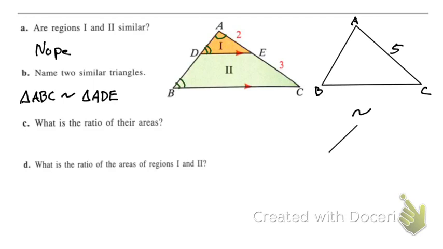Let's go ahead and use that tool. So that's going to be similar to the one that has a 2 on it, which was our ADE. Let me move that similar sign up a little higher. You didn't necessarily have to rewrite these. It just can help with the numbers.